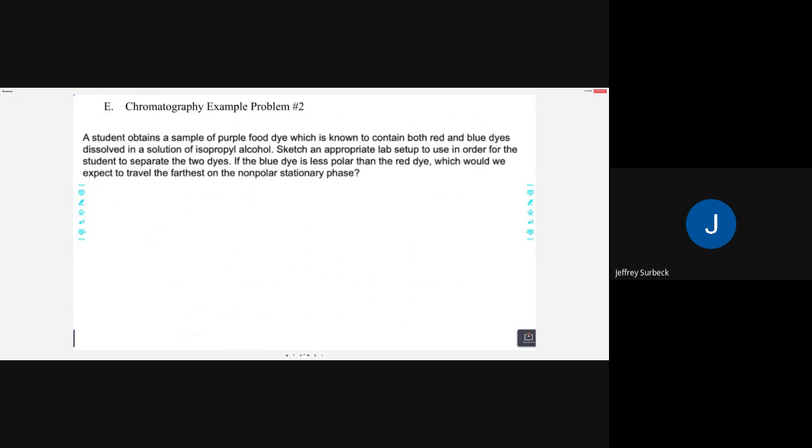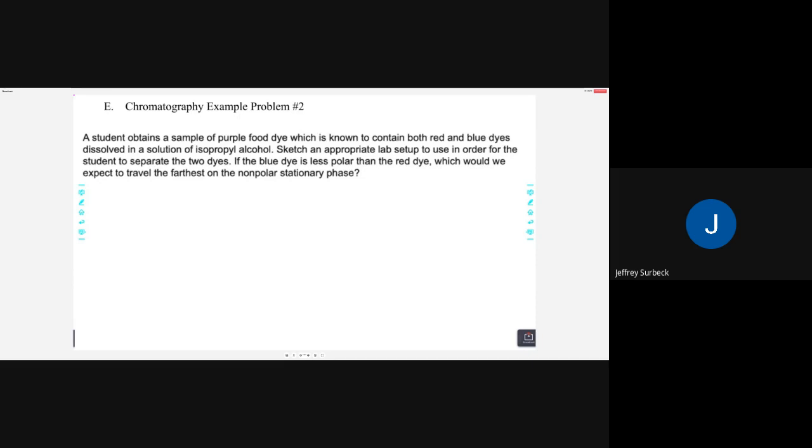Then it goes on to say, if the blue dye is less polar than the red dye, which would we expect to travel furthest on the non-polar stationary paper? Okay, so we have quite a bit going on, right?